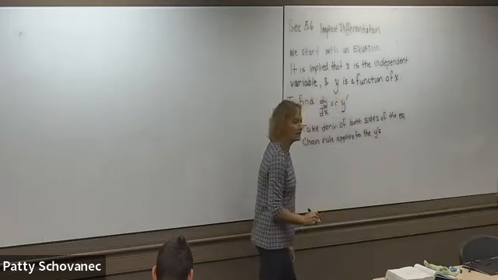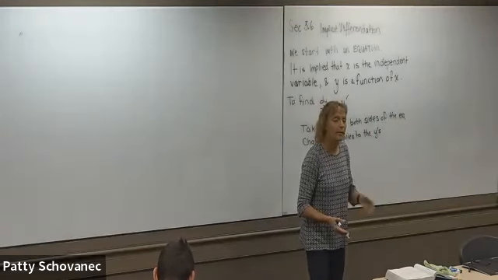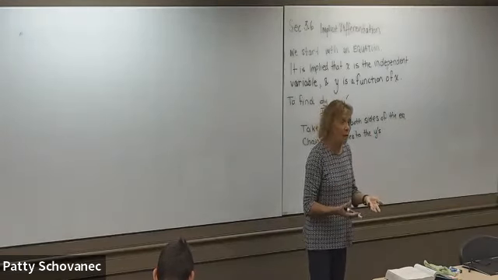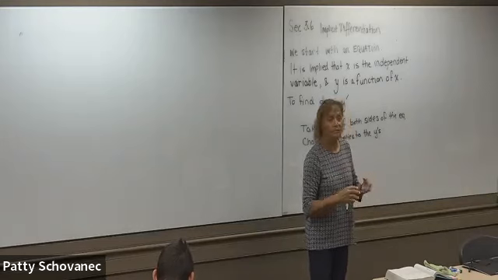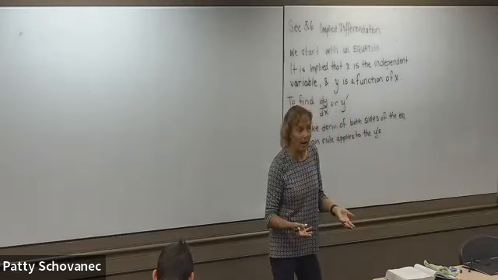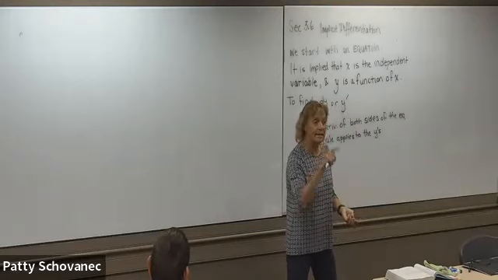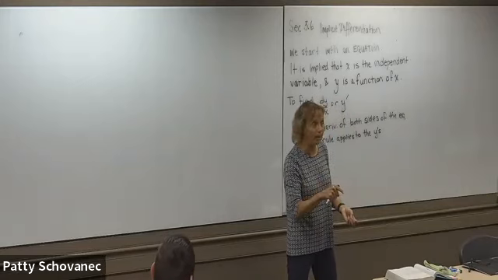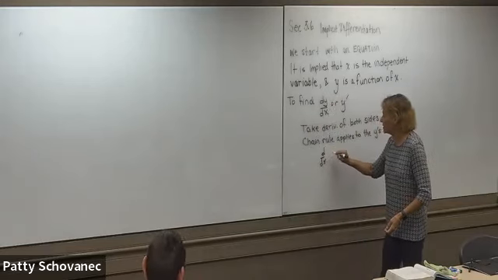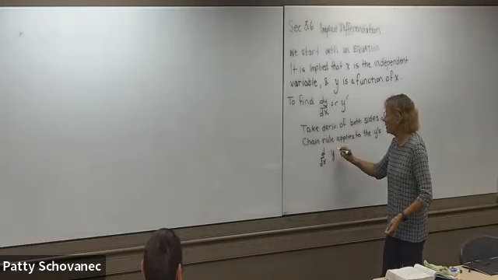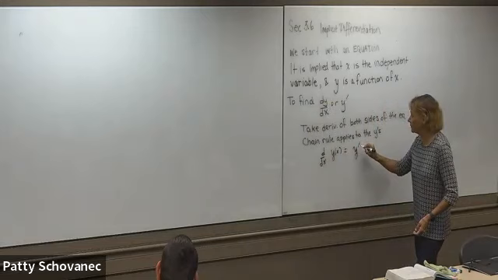In other words, if I have something like y to a power, I bring the power down, raise the y to one power less, and then I multiply by y prime. If I have, for instance, the sine of y, I take the derivative of the sine function to get the cosine of y, then I take the derivative of the angle and get y prime. So if I take the derivative with respect to x of some function that involves a y, I get the ordinary derivative.